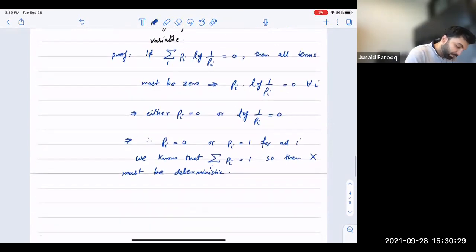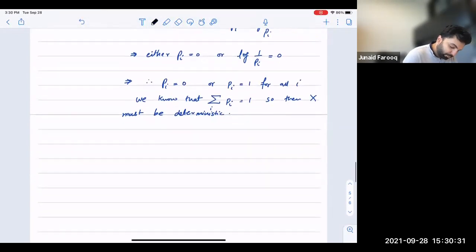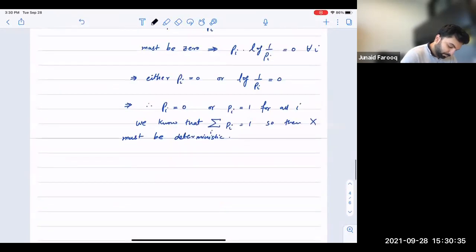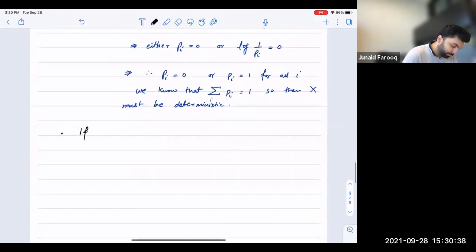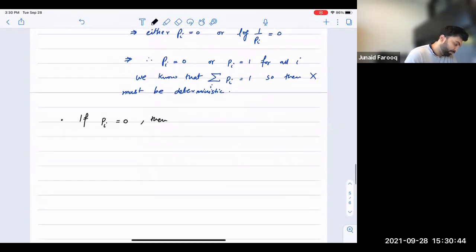Okay, so I also want to put a quick comment here. If p_i is 0, then p_i times log of 1 over p_i is 0 times log of 1 over 0, which is undefined.